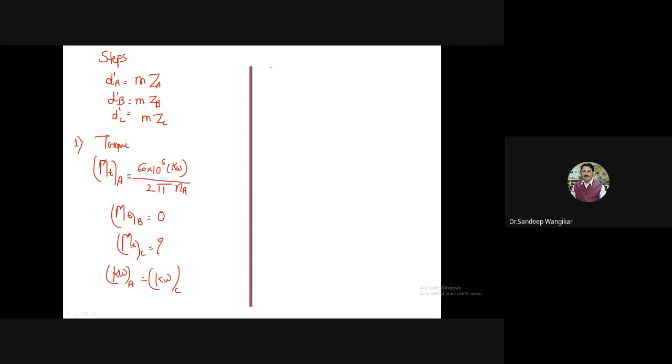So I will write here 2 pi NA into MTA divided by 60 into 10 raised to 6 is equal to 2 pi NC into MTC divided by 60 into 10 raised to 6.